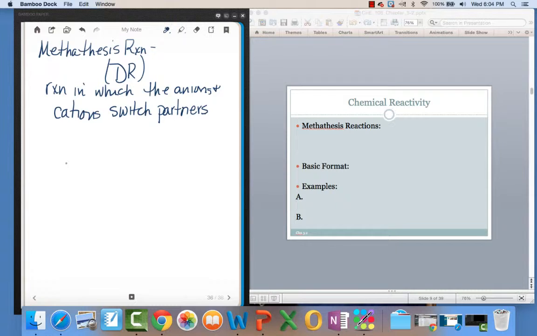I used to refer to this as swingers. They have the general formula AX plus BY yields AY and BX.